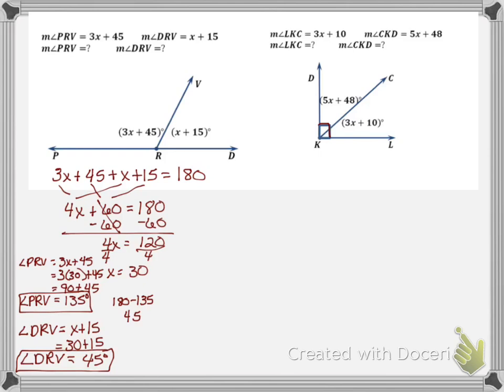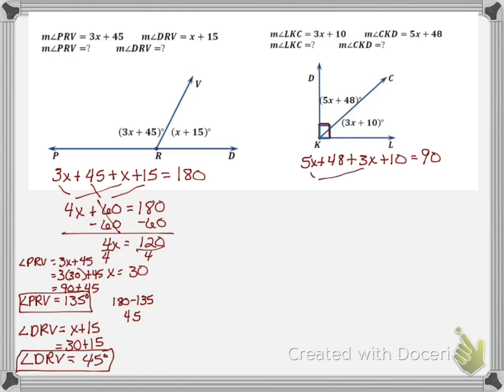So we add those angles together and set them equal to 90 degrees. So let's go ahead and do that. So we have 5x plus 48 plus 3x plus 10 equals 90 degrees.